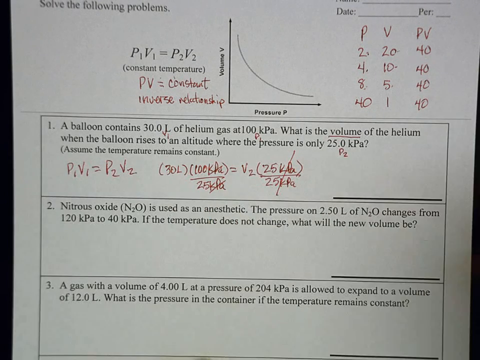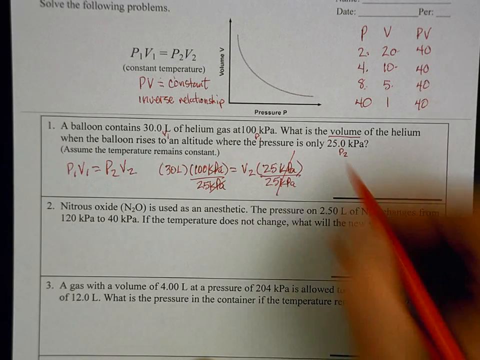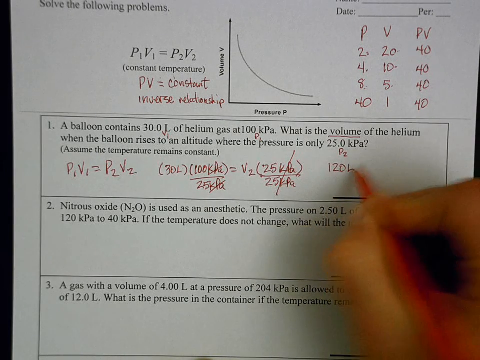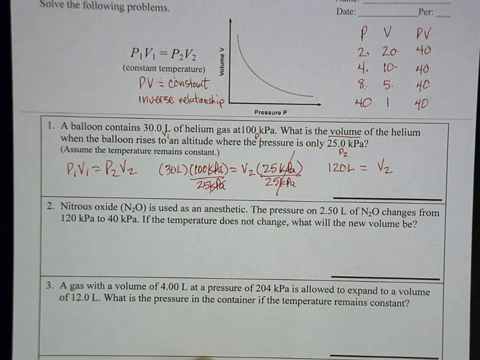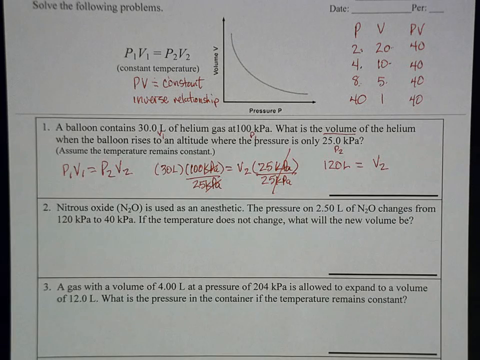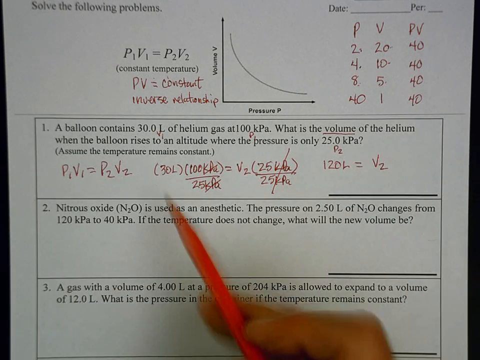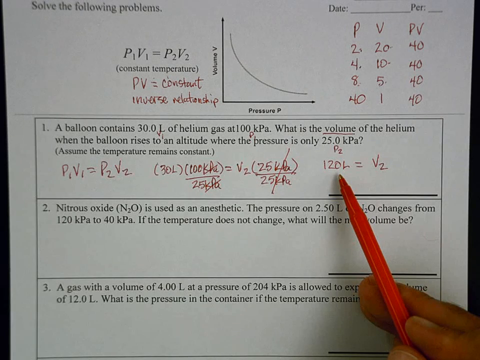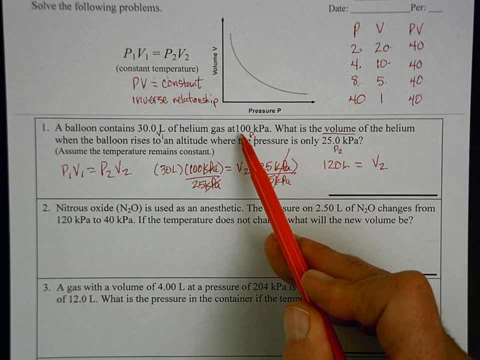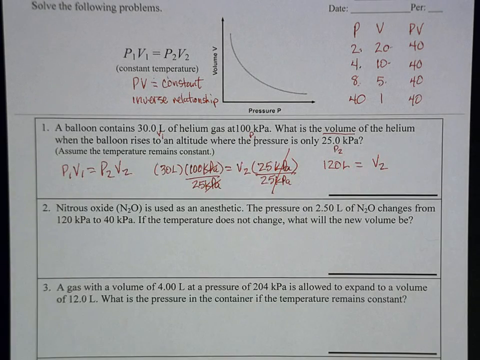Well, what's 100 divided by 25? 4. 4 times 30. So my new volume is 120 liters. And of course, 30 times 4 gave me the 120, where the pressure went from 100 divided by 4 down to the 25.